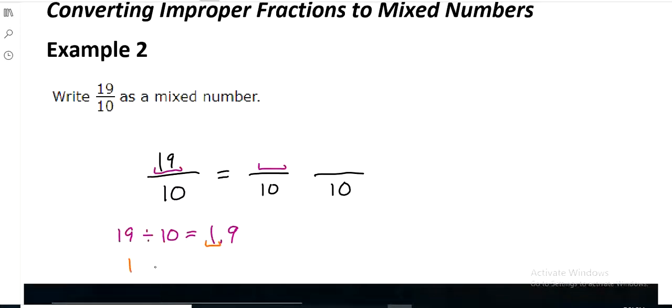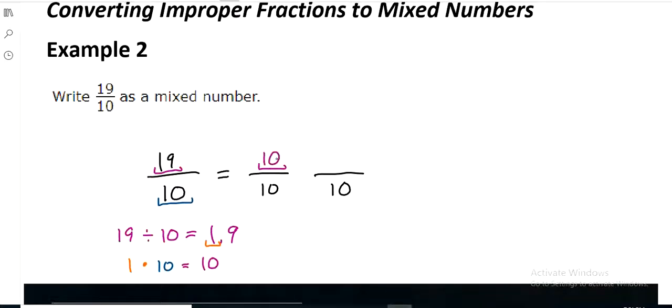I'm going to take the whole number and multiply it by the denominator that we had. So 1 times 10 will give us 10.